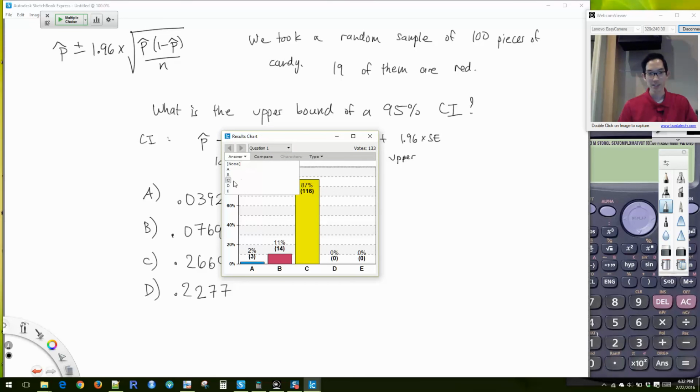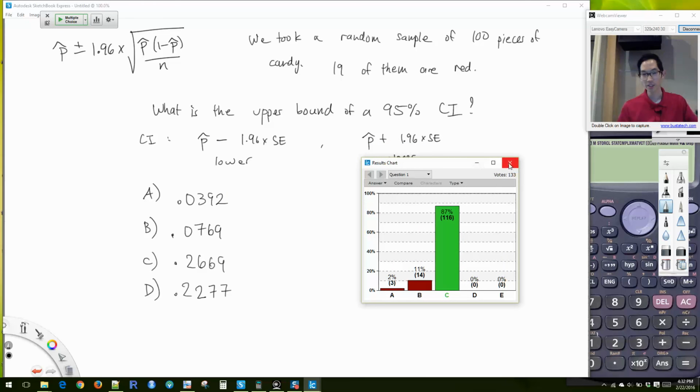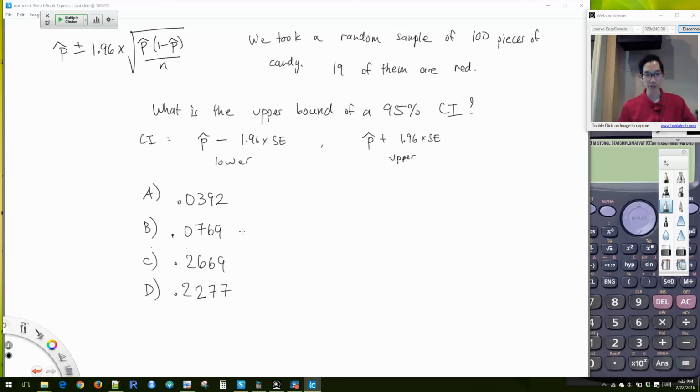Okay, and yes, our correct answer choice is C. All right, those of you who picked either of the other ones, you did not finish the problem.